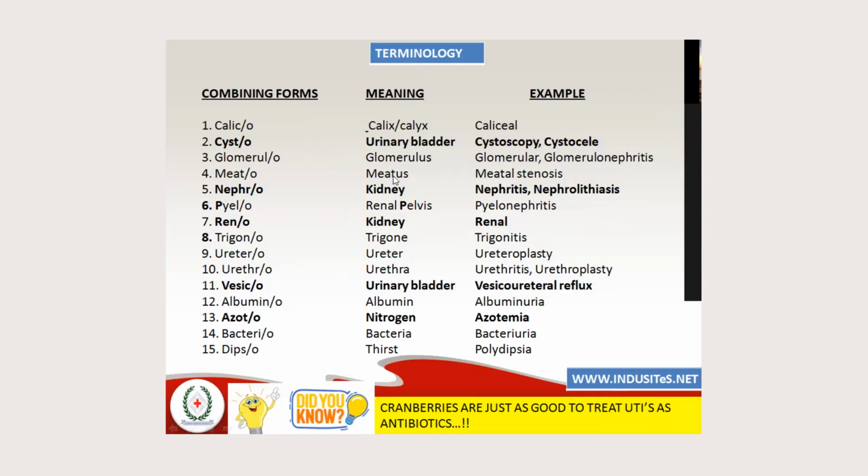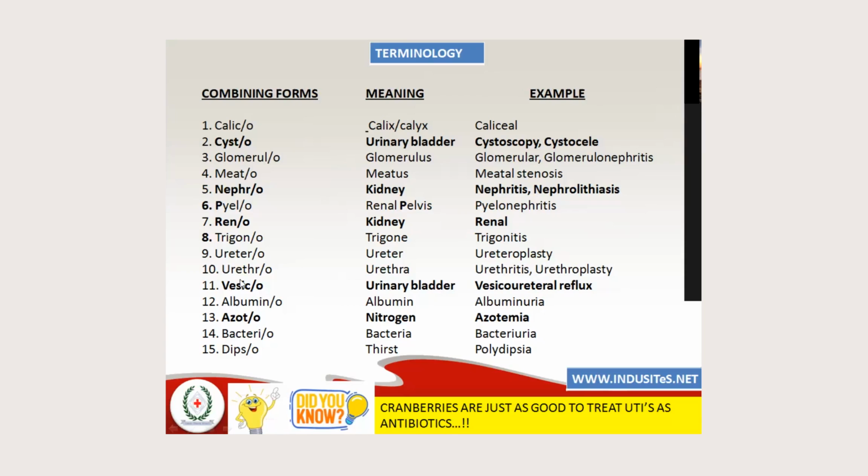So here we discussed about urinary meatus, right? So we have the examples, urethritis as well as urethroplasty. Urethritis, itis is inflammation, whereas urethroplasty, plasty is surgical repair. Surgical repair of the urethra is called urethroplasty.